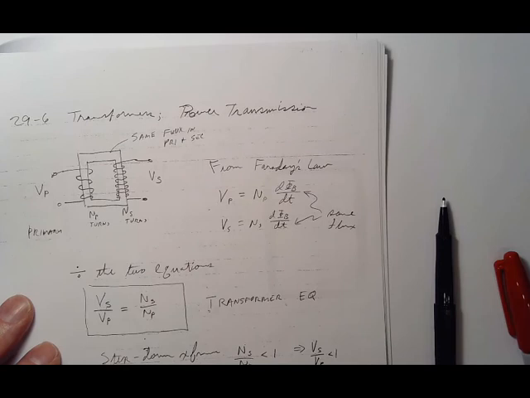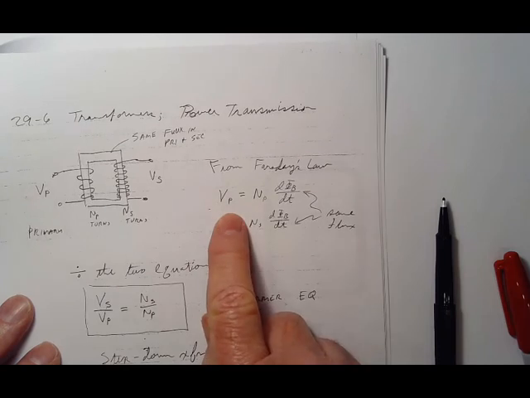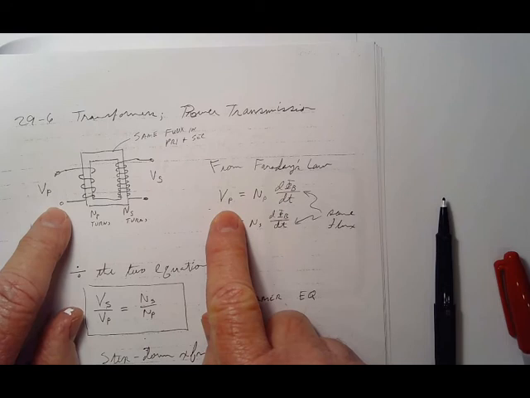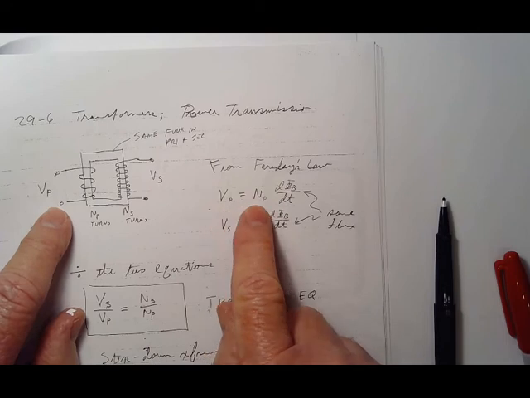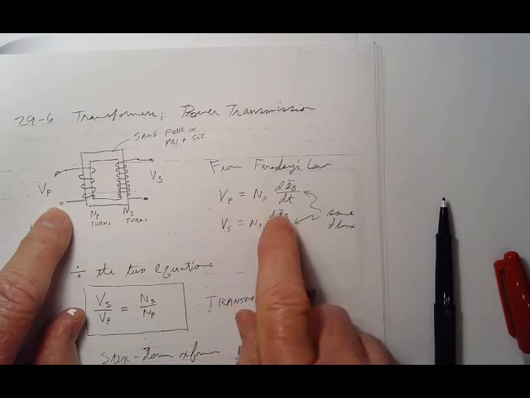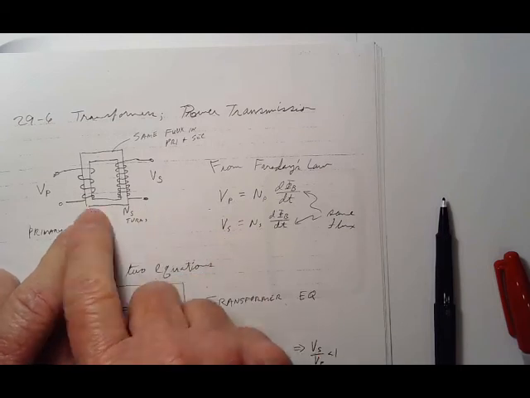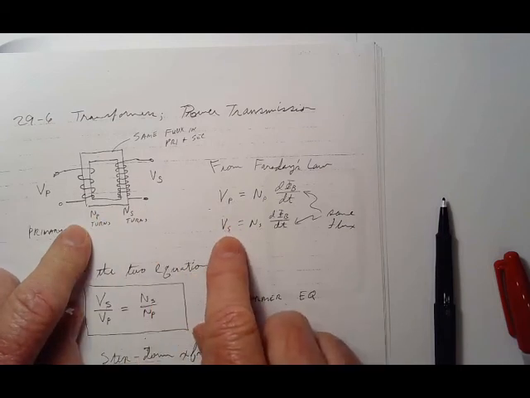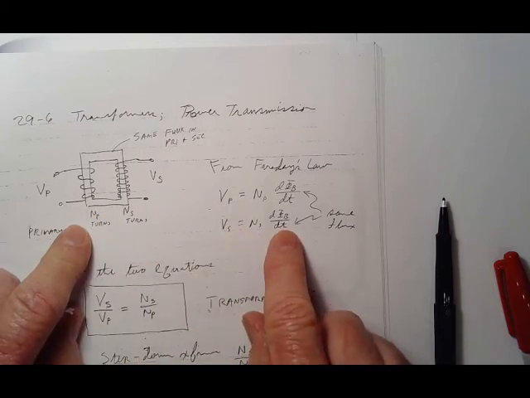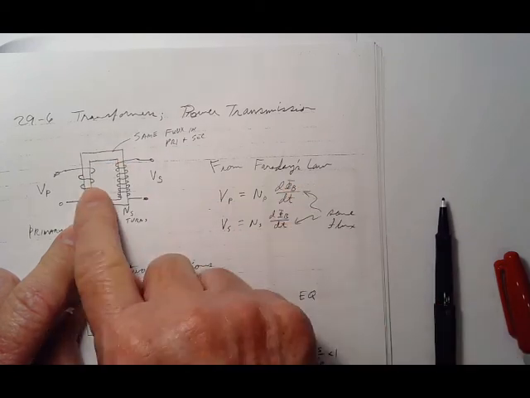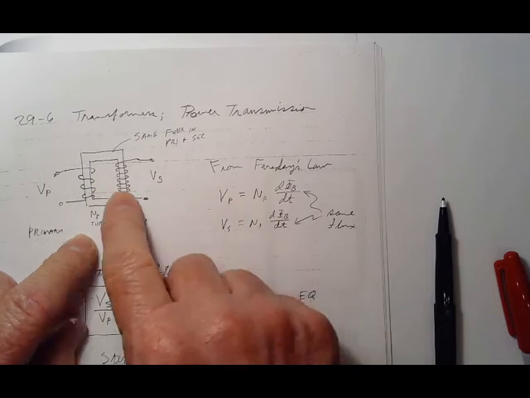From Faraday's law, the voltage induced here in the primary is the number of turns in the primary times d phi sub b dt. We apply Faraday's law twice. The voltage in the secondary is the number of secondary turns times d phi sub b dt. With that iron core, these two quantities are the same. We transmit all the change of flux here into this change of flux here.